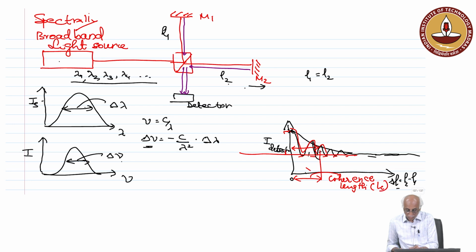So, you will observe intensity variation to a certain extent, which is known as coherence.